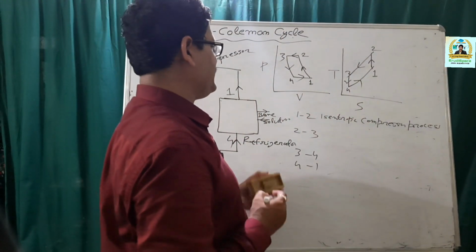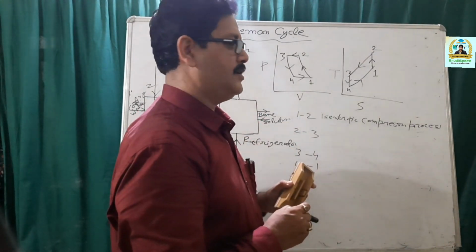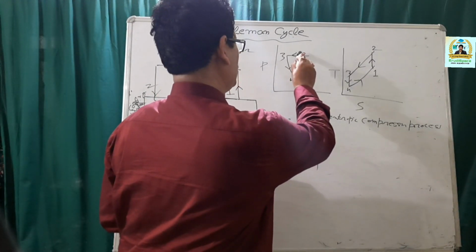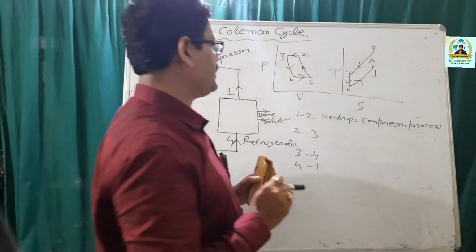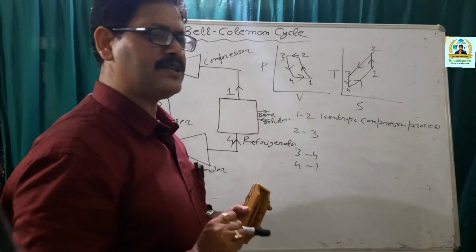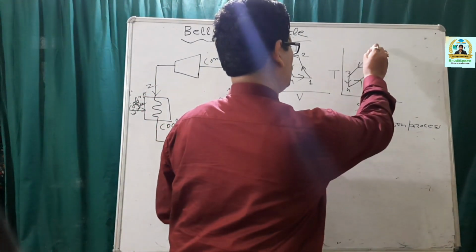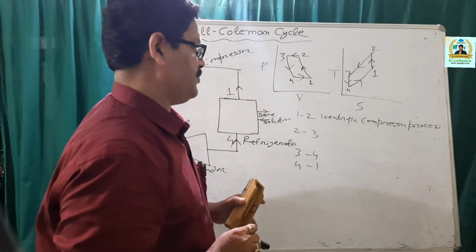So you can see that in isentropic compression process, the specific volume drops from V1 to V2, the pressure increases from P1 to P2, and the temperature is also increased from T1 to T2.